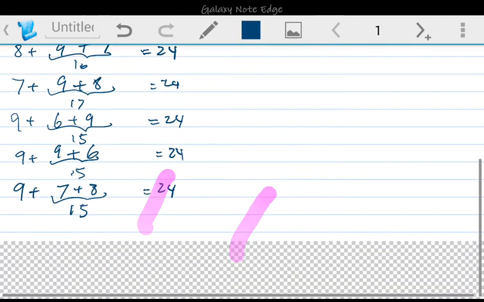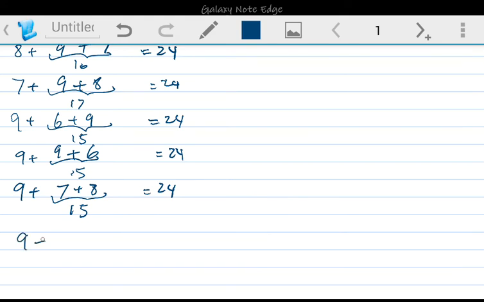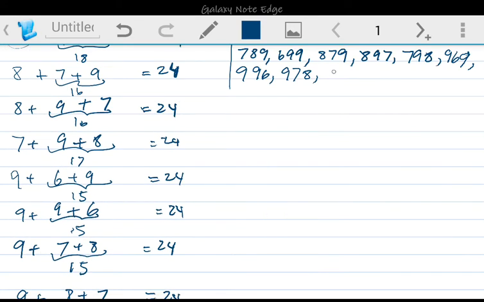And we can invert the order of those. So 9 plus 8 plus 7. Okay, the order is inverted. It's going to give me the same. Okay, so let's see. We have 1, 2, 3, 4, 5, 6, 7, 8, 9. What are we missing?